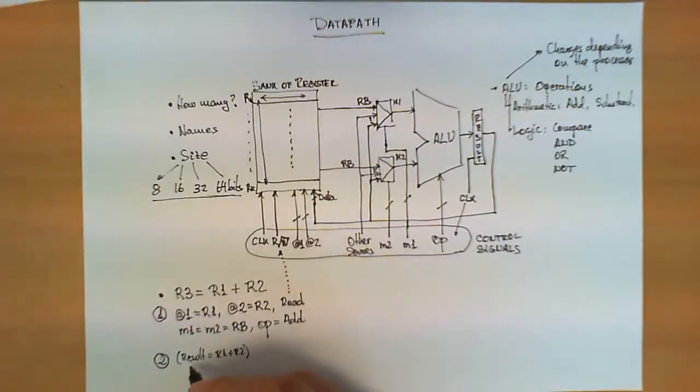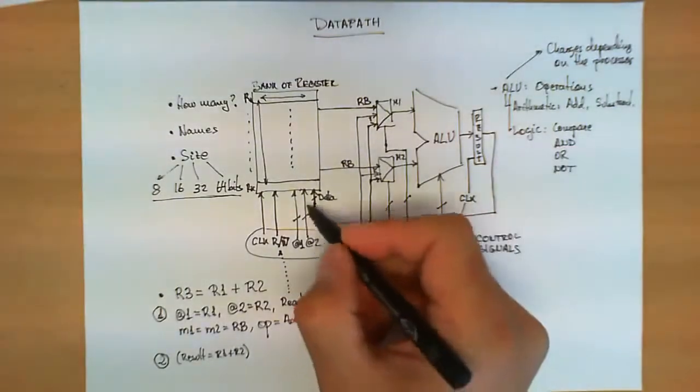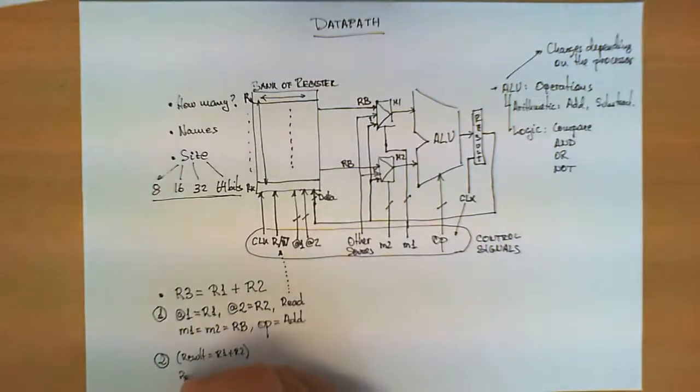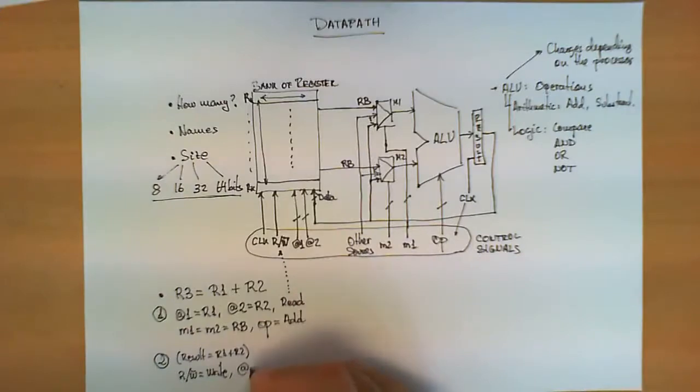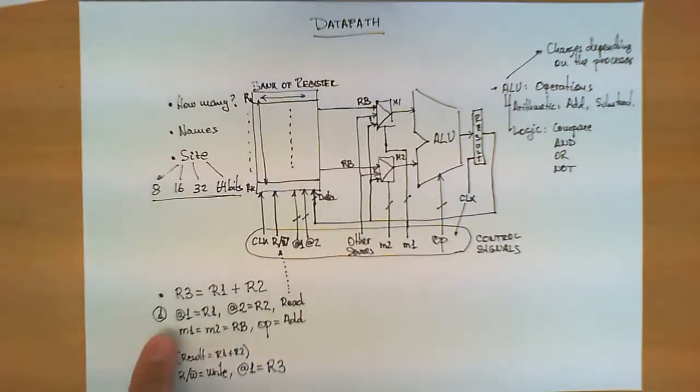The way we represent this is, first we make sure that read-write is equal to write. This would set this value in this signal, and we also make sure that address 1 here is equal to R3. So during the second clock, this was occurring during the first clock.